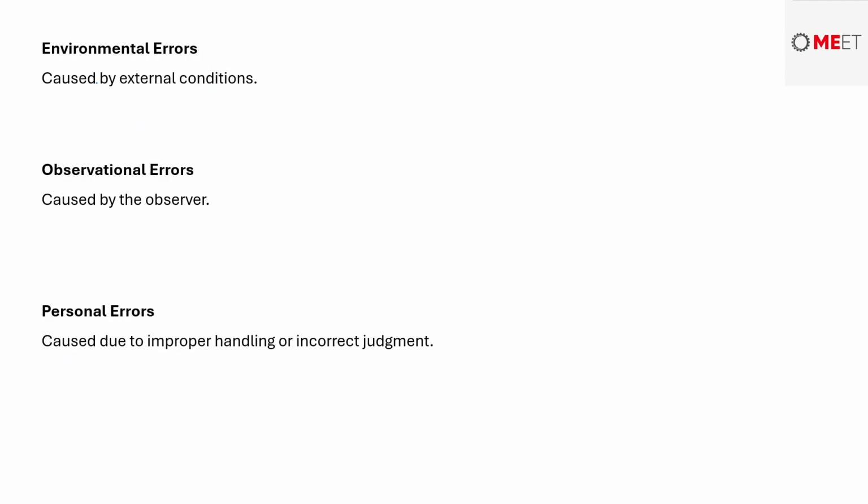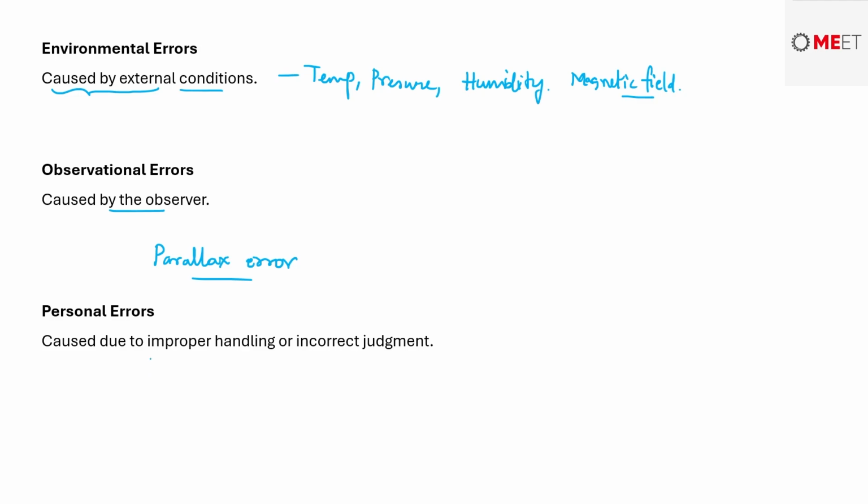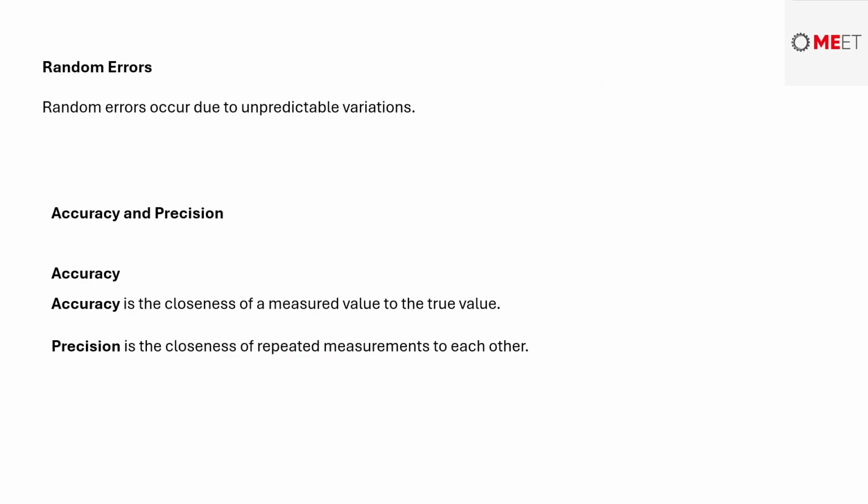Next is environmental errors. These are caused by environmental conditions. Examples could be temperature, pressure, humidity, magnetic field, etc. Observational errors. These are caused by the observer. An example could be parallax error. Next is personal errors. These are caused due to improper handling or incorrect judgments. Random errors.